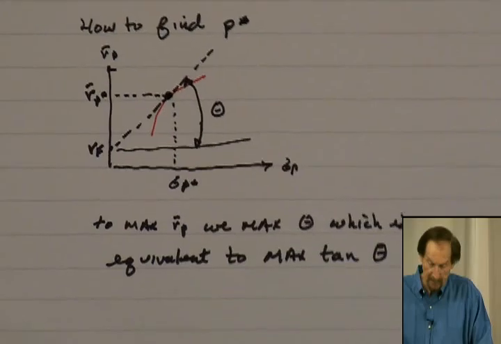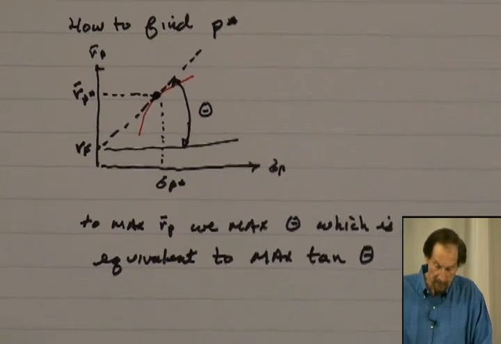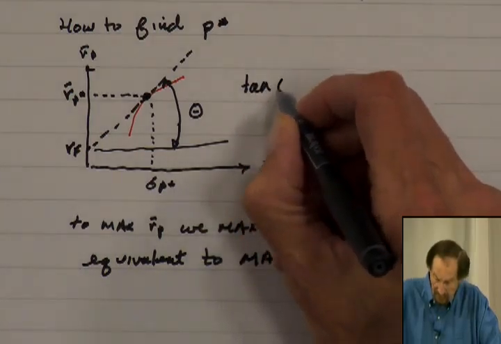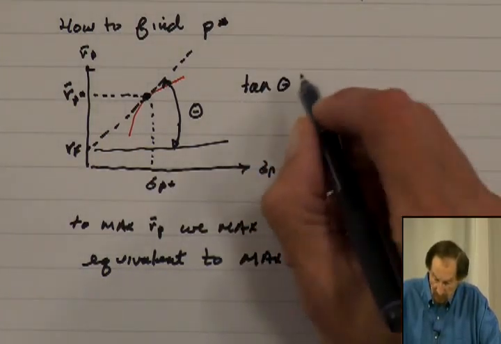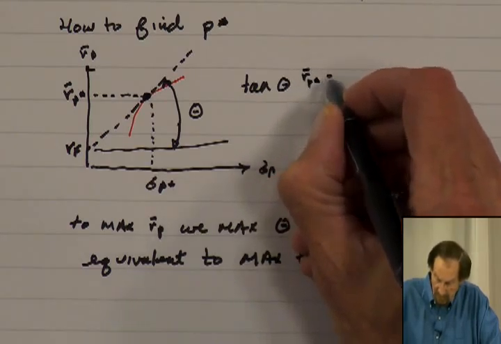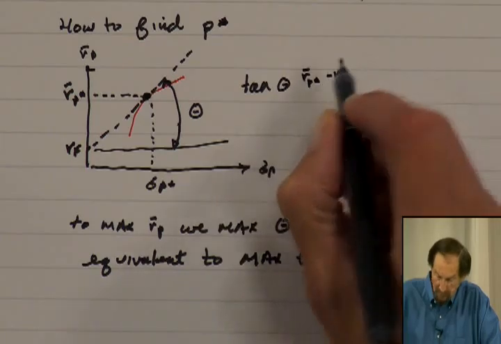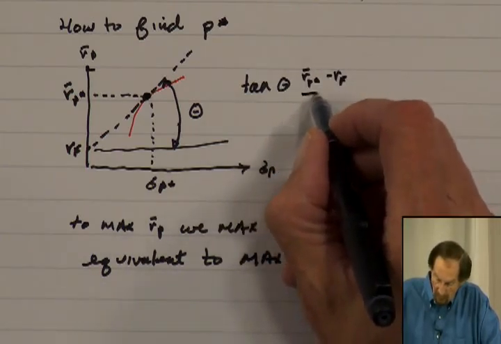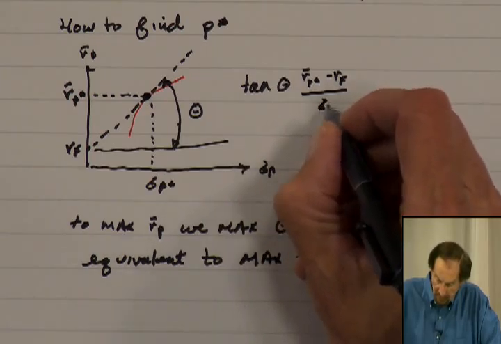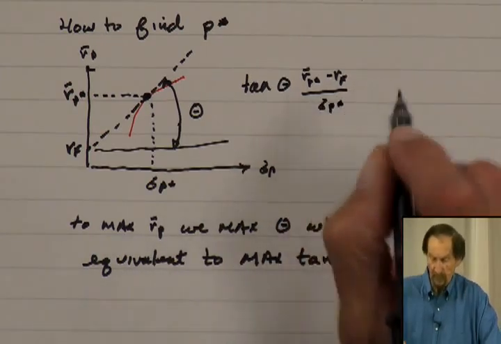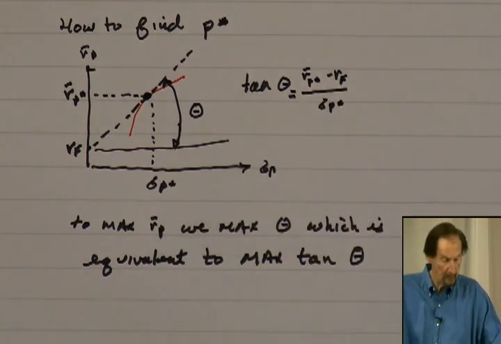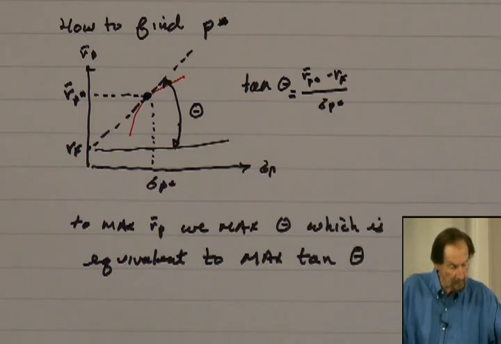The tangent of theta is the rise, which is R bar P star minus RF, over the so-called run, which is just sigma P star.